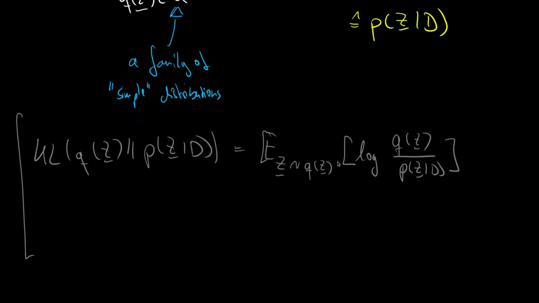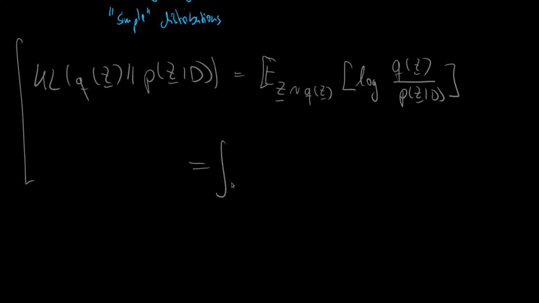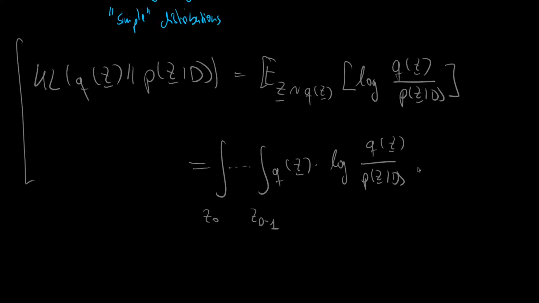If we have a continuous random variable, then we can express the expectation in terms of an integration. We get the integration from Z0 to Z capital D minus 1 over Q of Z times the logarithm of Q of Z over P of Z given D, and that's our KL divergence.